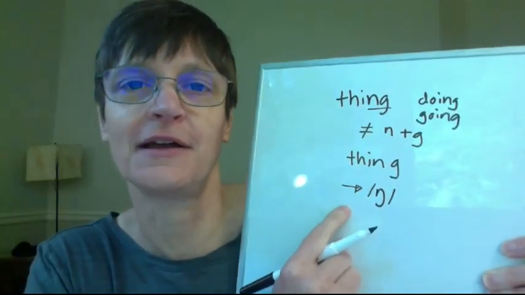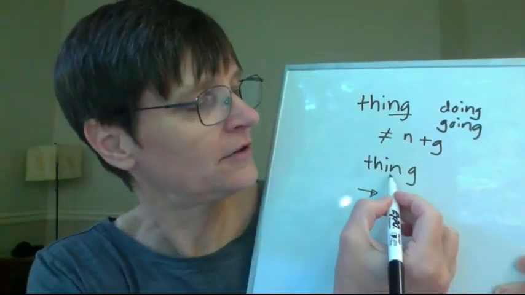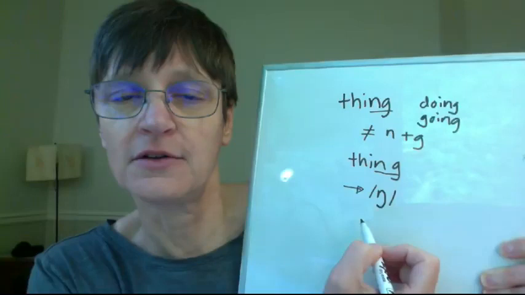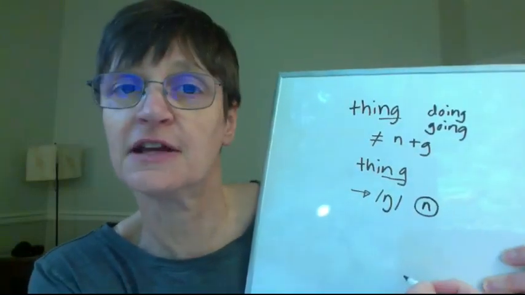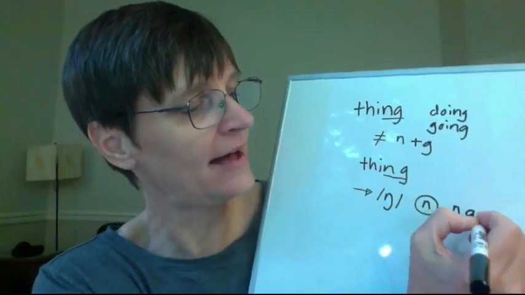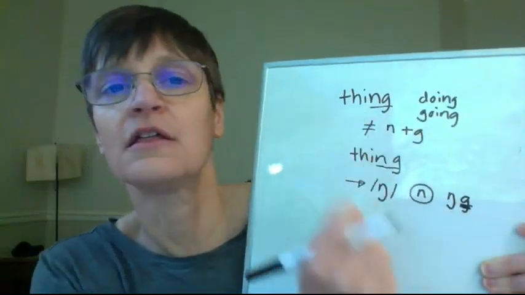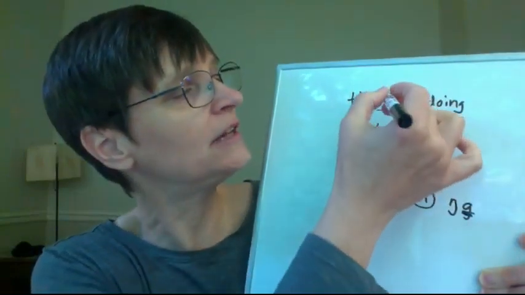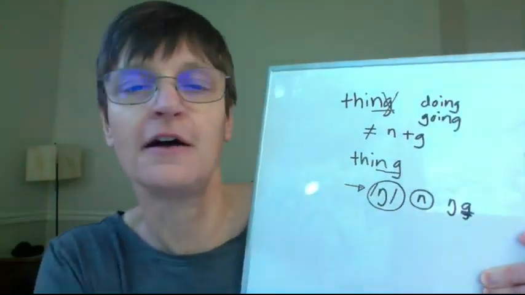You can check my Sounds of English playlist. I'll just briefly tell you that the errors I hear on this sound NG are that sometimes people will make an N instead of an NG, or they'll make the NG sound but then add an extra G sound. That would sound like thing-g.